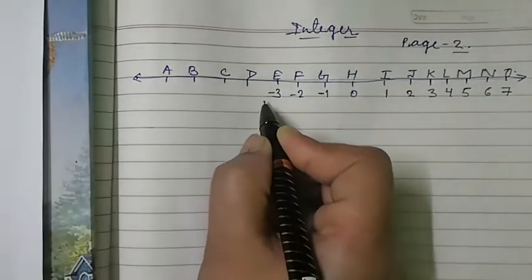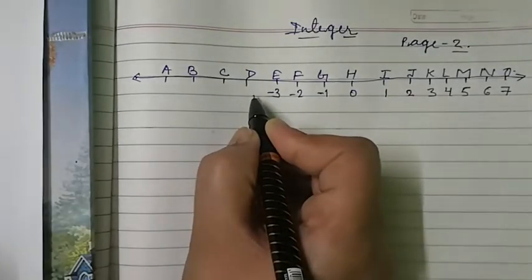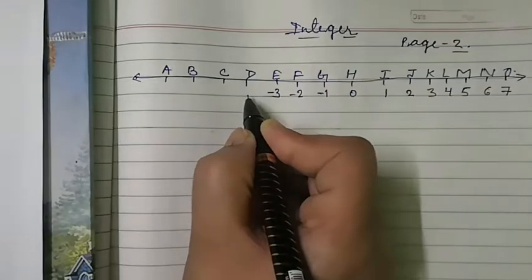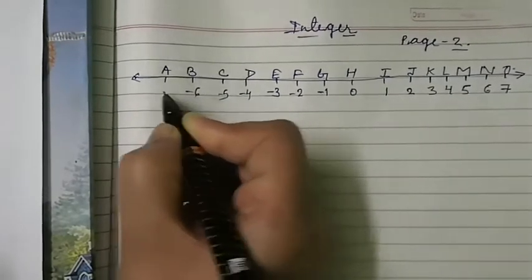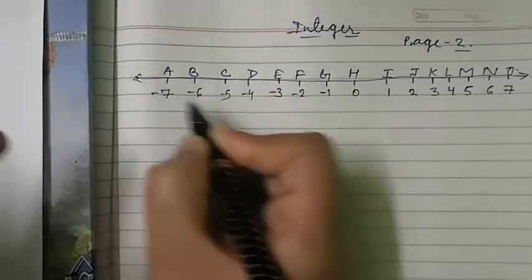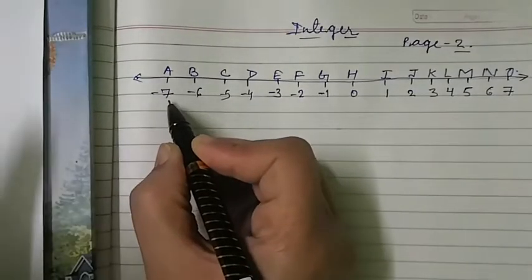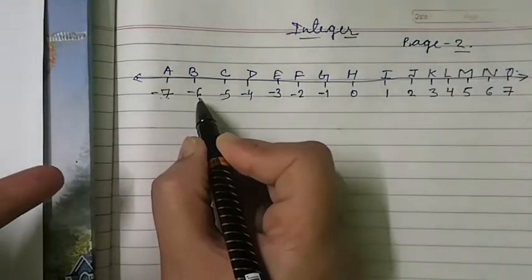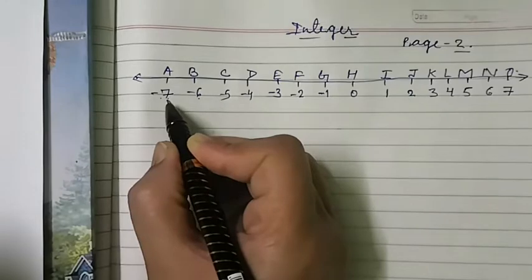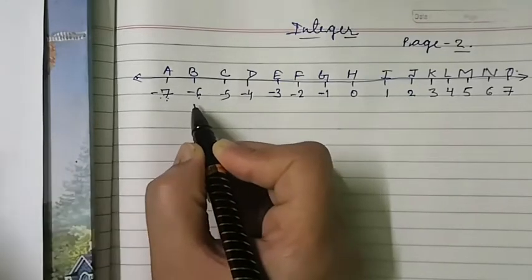And when we go to the left side, the value of the integers decreases: -4, -5, -6, -7. One more thing you should remember: a negative greater number is always less than a negative smaller number. Okay, this one is less than this one.